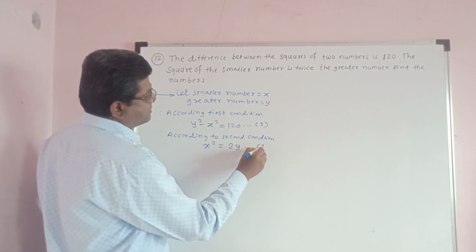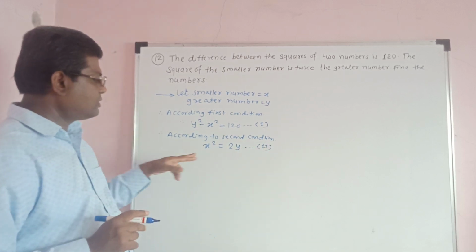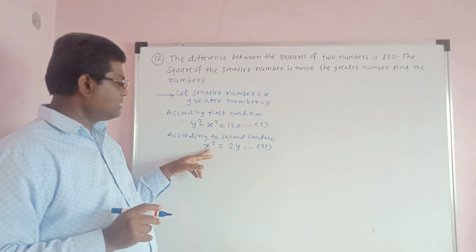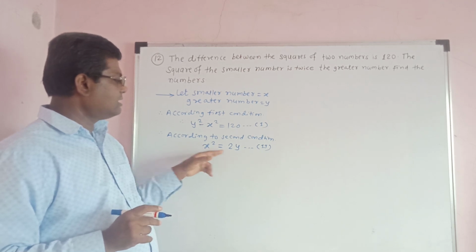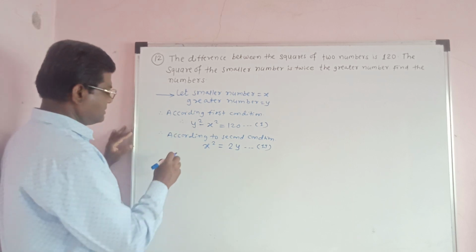This is equation number 2. Now put the value of x square from equation number 2 in equation 1.